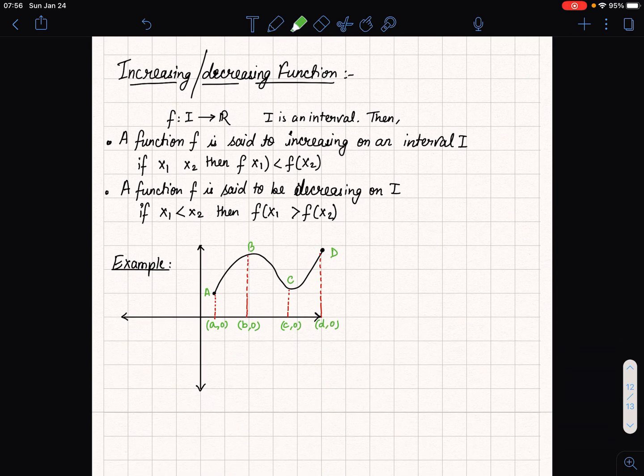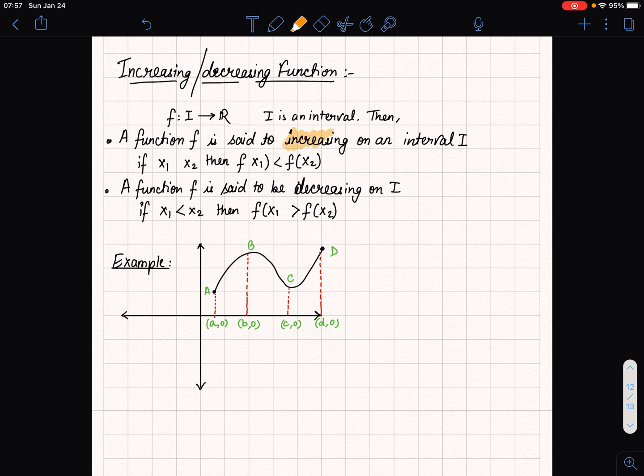Next comes the concept of increasing and decreasing function. So let f be a function on an interval to real numbers. Then a function is said to be increasing if for x1 less than x2 we have f of x1 less than f of x2.